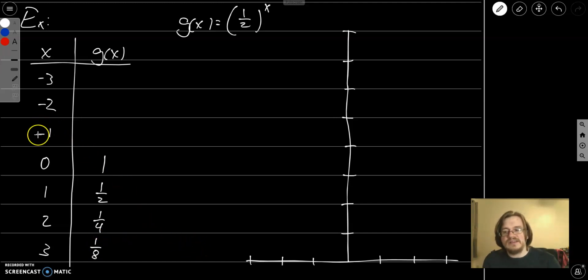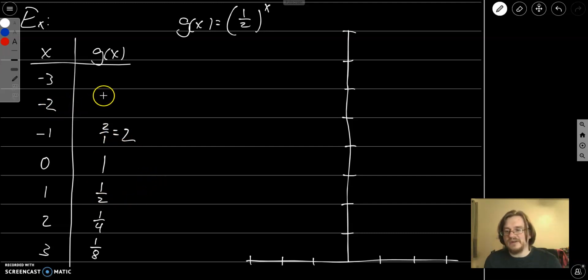And if we raise these to negative powers, we're flipping over these fractions. So 1/2 to the negative 1 power is going to be 1/2, but we've flipped it over. So it's going to be 2 over 1, which is the same thing as 2.